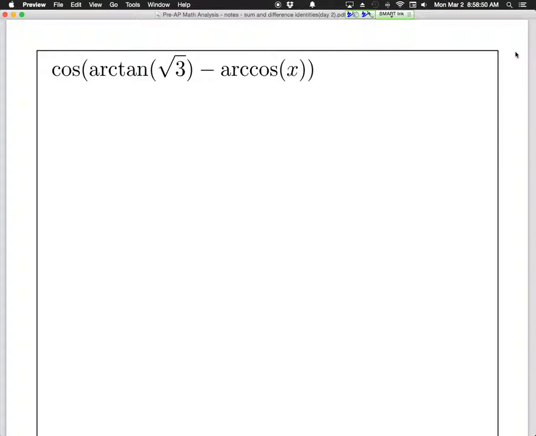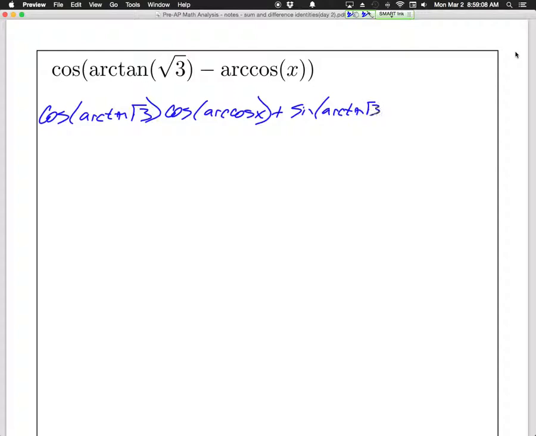Now we have to make a cosine A minus B. So we have cosine arctangent of radical 3 times cosine arc cosine of x, plus sine arctangent of radical 3 times sine arc cosine of x.